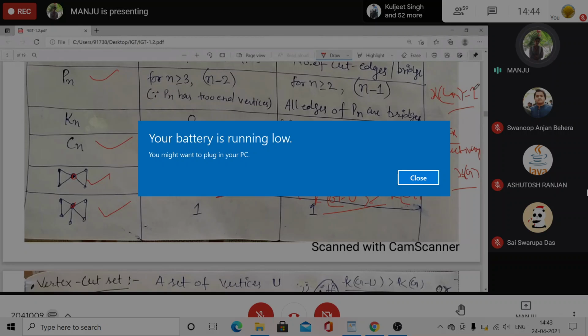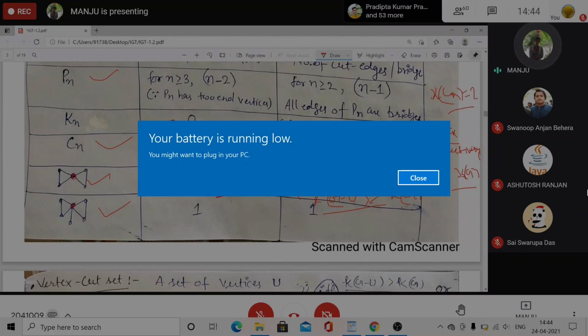But is it working for C3? For C3, how many vertices do you remove so that the graph becomes disconnected? It does not hold for C3. Here, if you remove this vertex, it is still connected. Second vertex, connected.